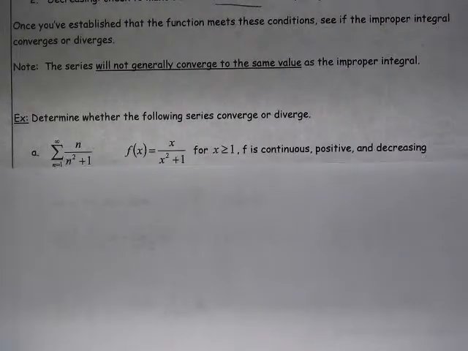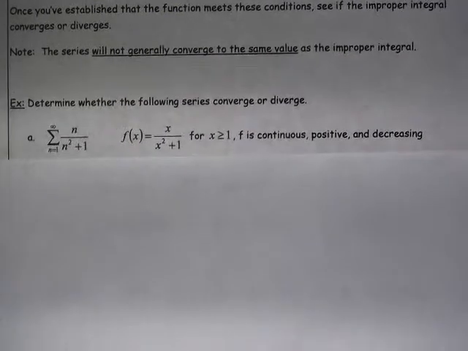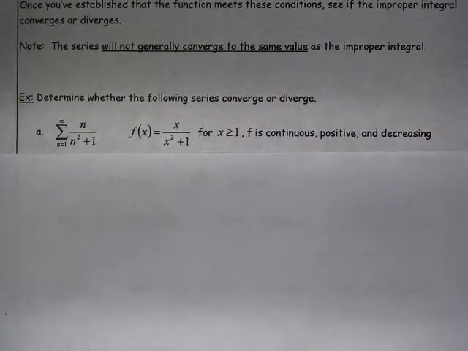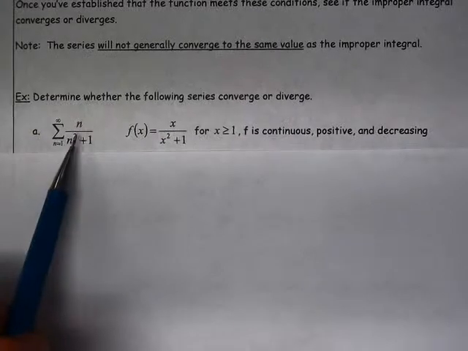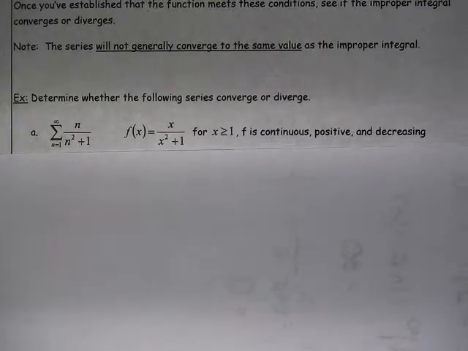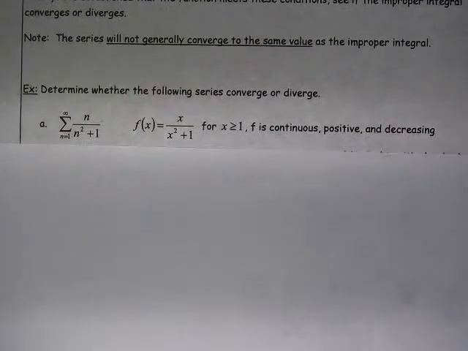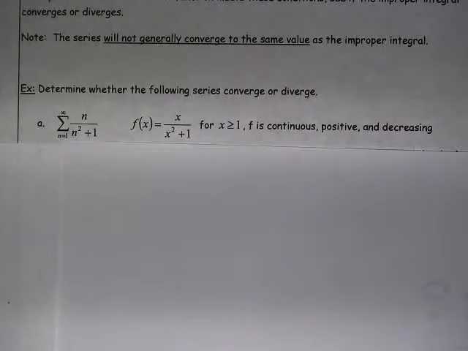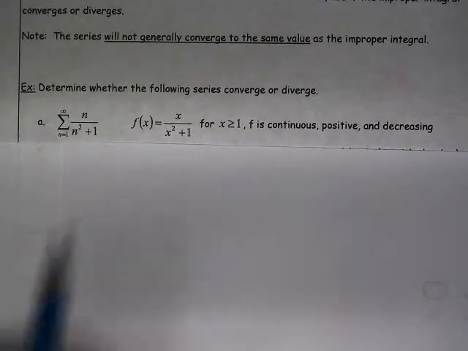So when we look at an example like this, we want to determine whether it converges or diverges. The series, we have n over n squared plus 1. For us to decide if we can use the integral test, we need to first show that this function is continuous, positive, and decreasing.